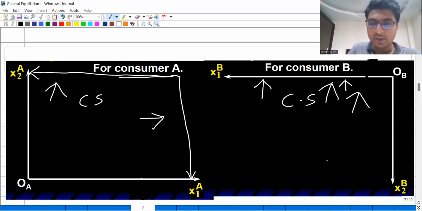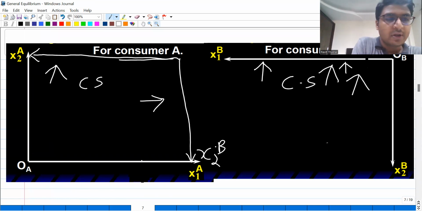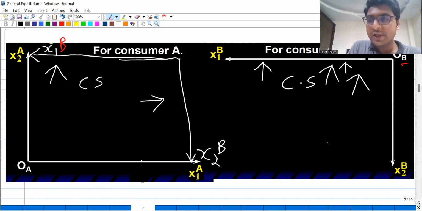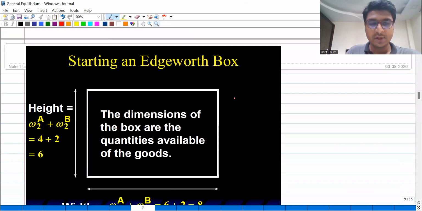So x2B is here, x1B is here, origin यहां से आ गया है इधर. ठीक है, I have simply placed the commodity space over the commodity space of consumer A. So finally it will look like this, like a box.